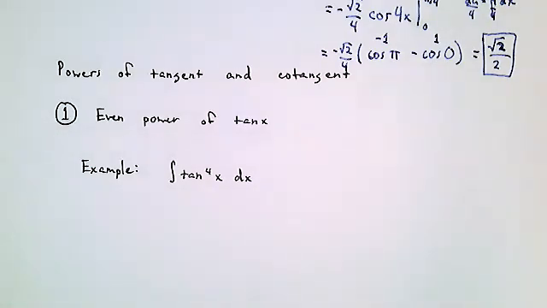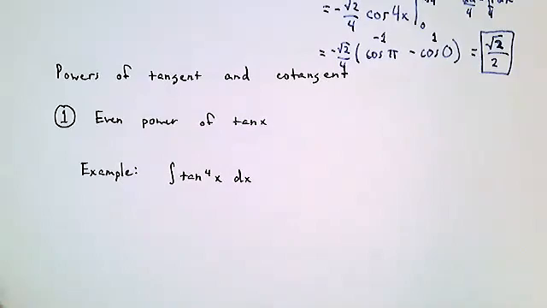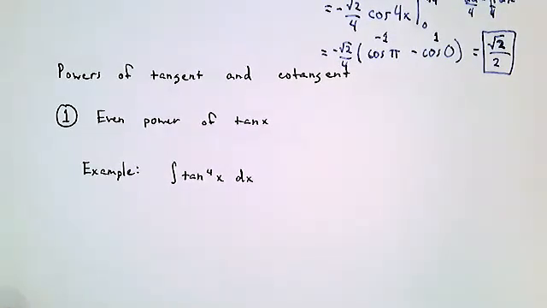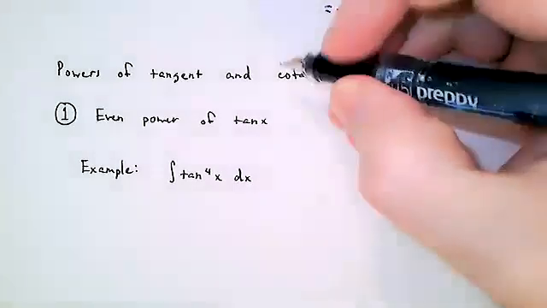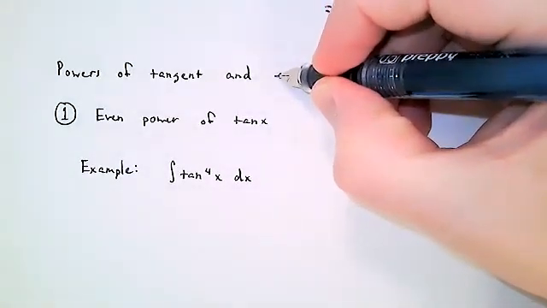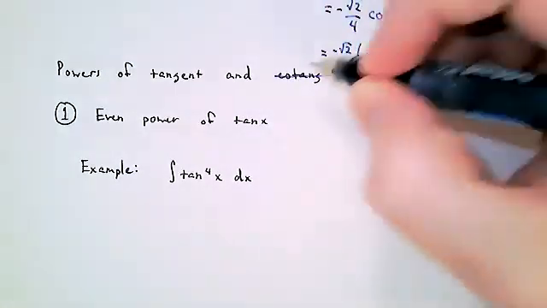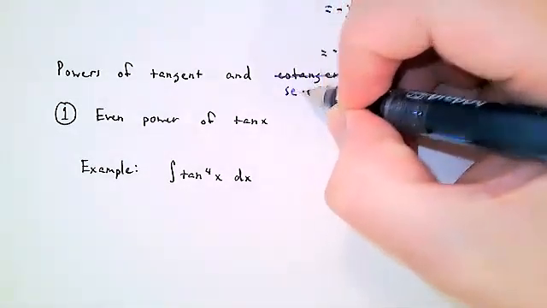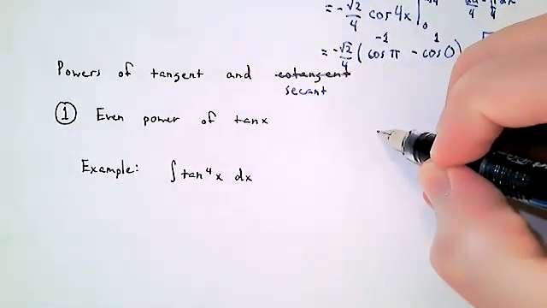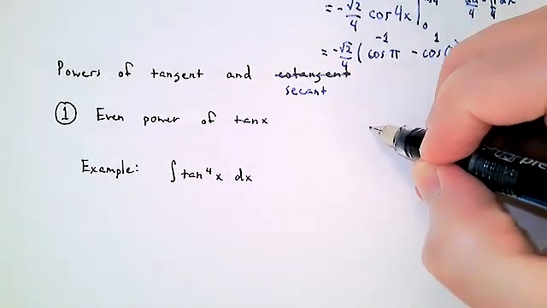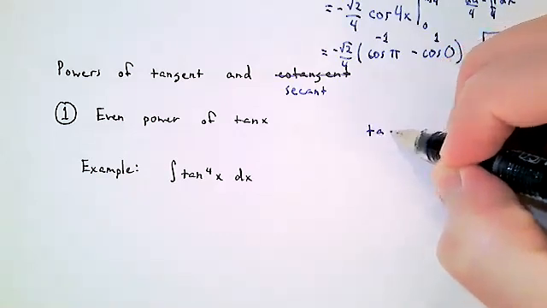And for powers of tangent, and there's a mistake here. We're actually only going to talk about powers of tangent and secant. Not really a big deal. Because the formula that we're going to use is this one. It's another version of the Pythagorean theorem.